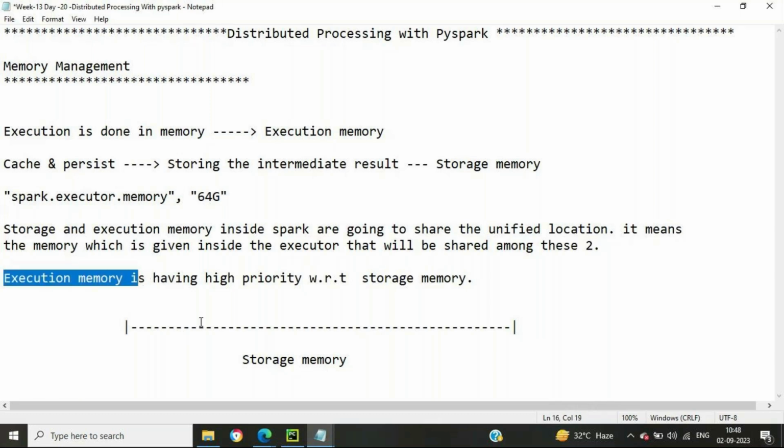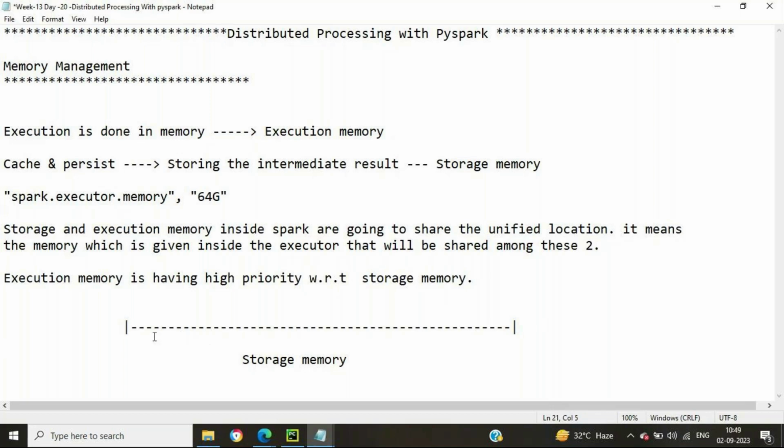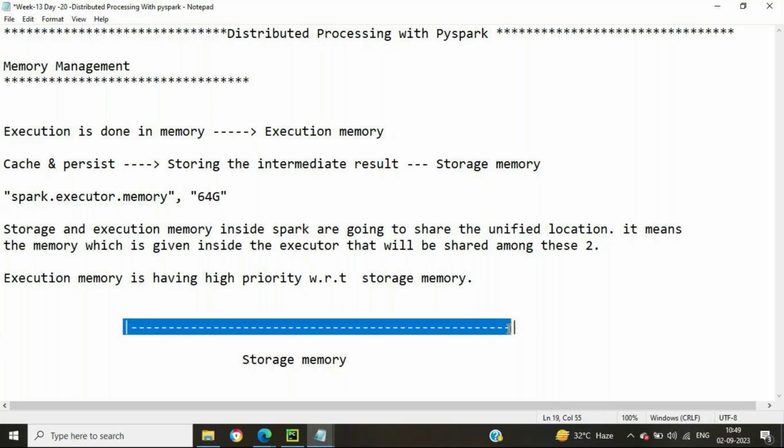Execution memory always has high priority. This unified region is shared among both memories.